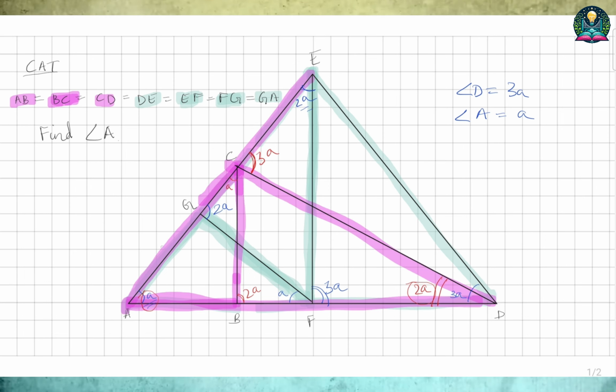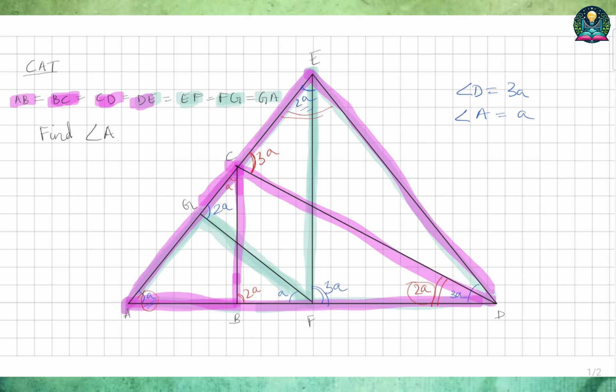Now we have CD is equal to DE. Let's mark it in the figure. And again, we know CDE is an isosceles triangle, so the angle CED would be equal to 3A. So we found the third angle of the big triangle AED as 3A.